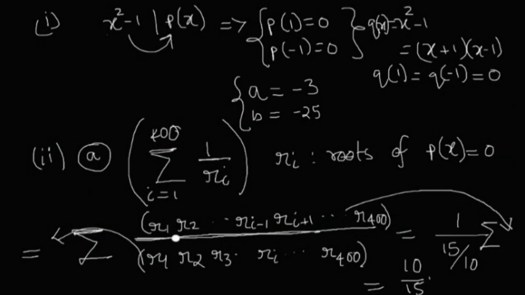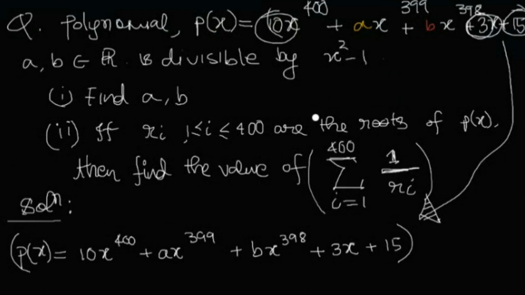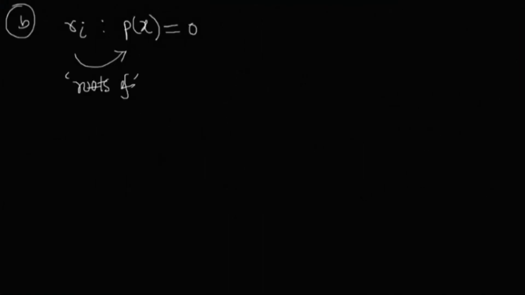This is nothing but the product of the roots taking 399 at a time. This is just 3 by 10. Because this is not taking all at a time, but 1 less than all at a time.